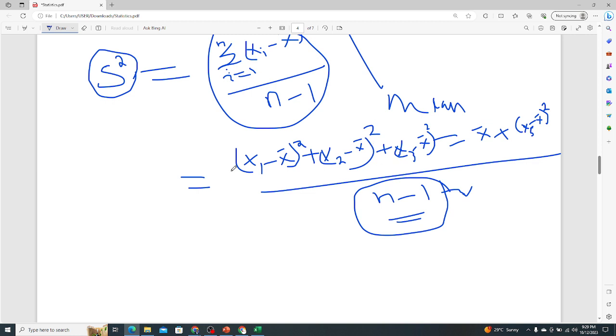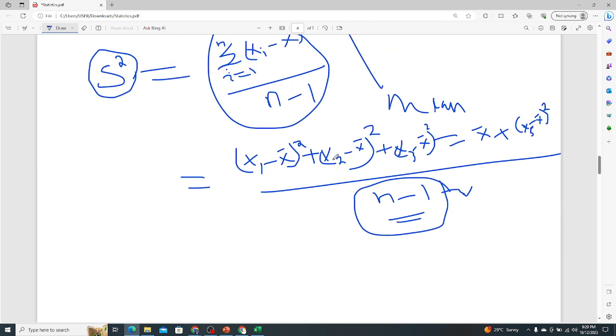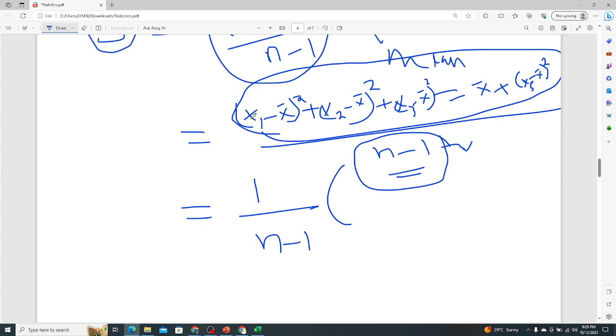Now trying to express this, we can say it's equal to 1 divided by n minus 1, then multiply by all this. So now you can see we have the sum of the differences of these x values.